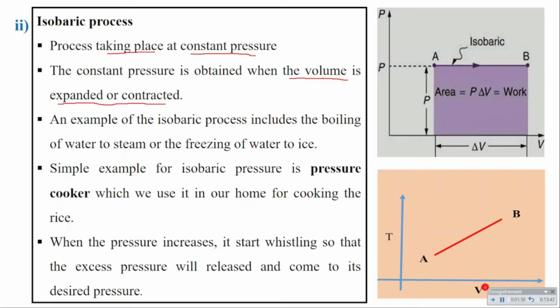When we are drawing the TV diagram, what is remaining constant is this curve for the pressure. The pressure remains constant, while the temperature and the volume are increasing. You can see the temperature is increasing and the volume is increasing, and the pressure remains constant.